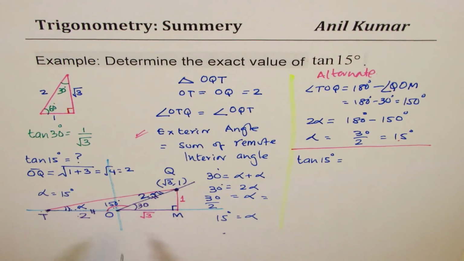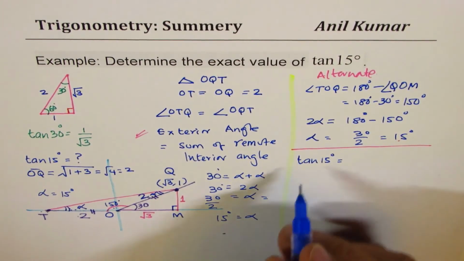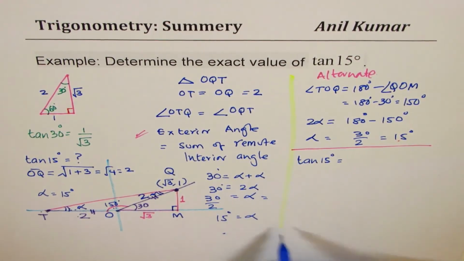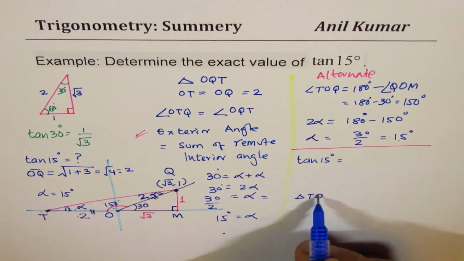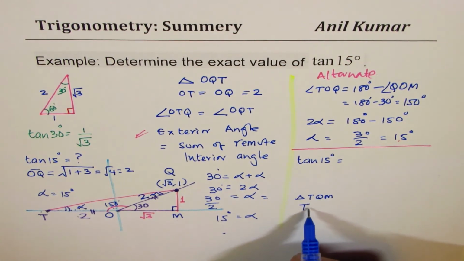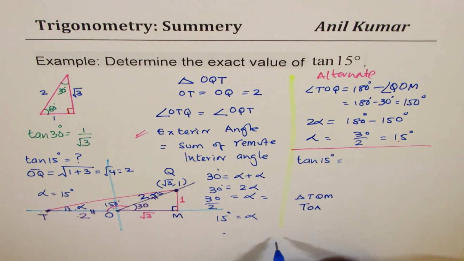So from this triangle, can you write down what is tan 15 degrees? Well, tan 15 degrees, look into the triangle. Let's do the work here. We look into the triangle TQM. Now what is tan? Tan is opposite over adjacent. Do you see that?